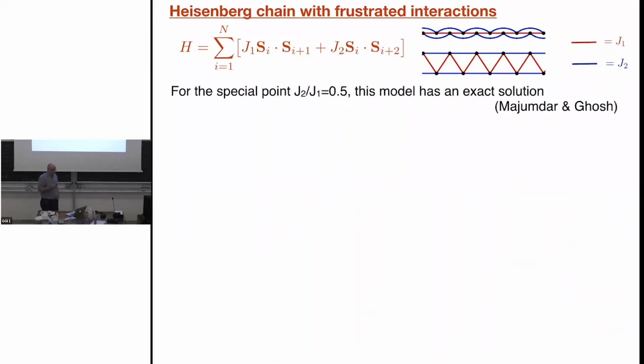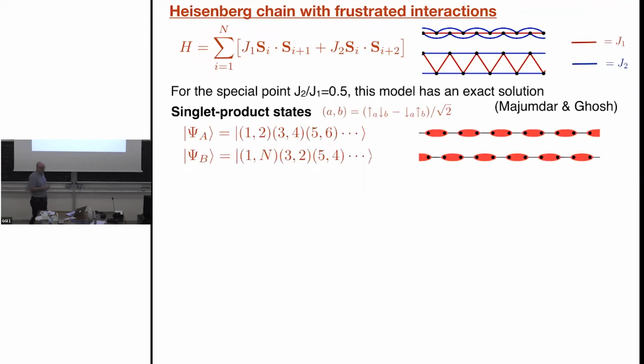So an interesting thing in this model, which was studied in the 1960s already by Majumdar and Ghosh, is that they found there's one point where the ground state can be found exactly, and that's when the coupling ratio J2/J1 is 1/2. Then it turns out that you have two degenerate ground states, which are these singlet product states. So these are dimerized states, and you can dimerize in two different ways.